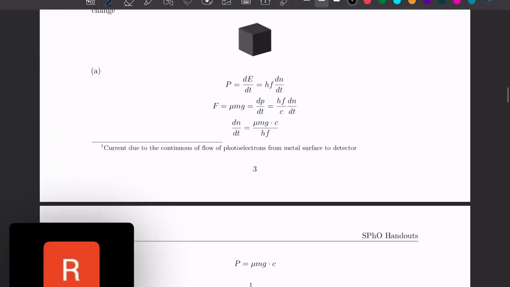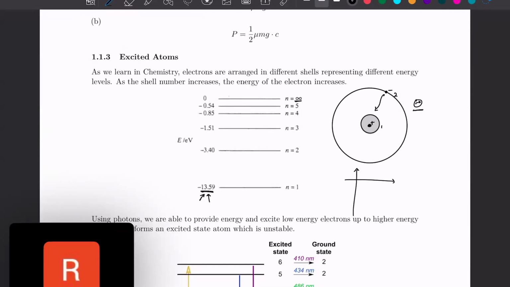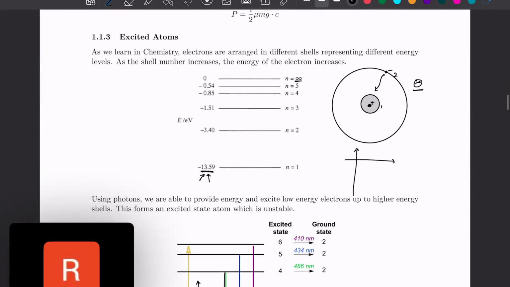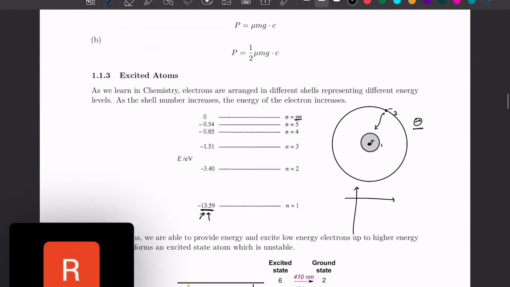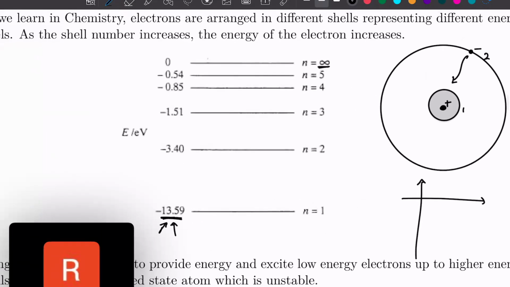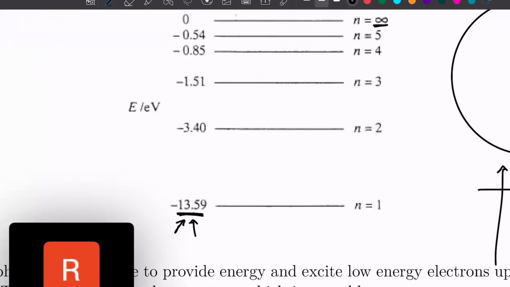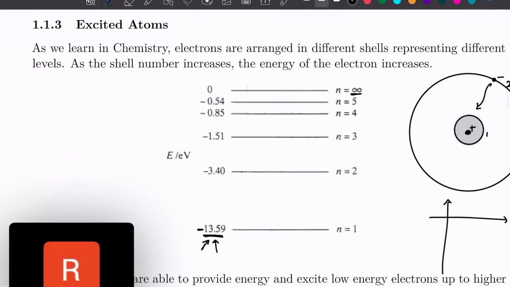Then concept 3 was that we have electron shells, right? As you go further away, the energy level of the electron shell will be larger. And don't get confused by the larger numeric value here, because this is negative. So it is true that it's becoming more positive, meaning the energy level itself is larger.